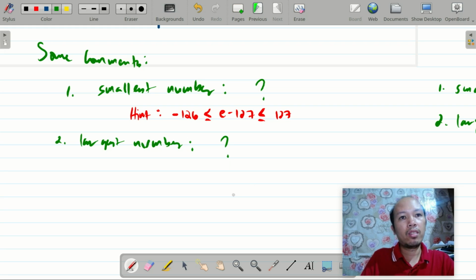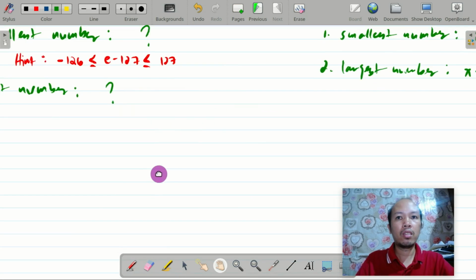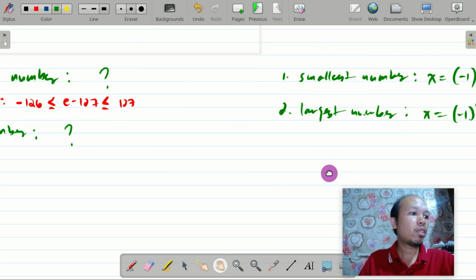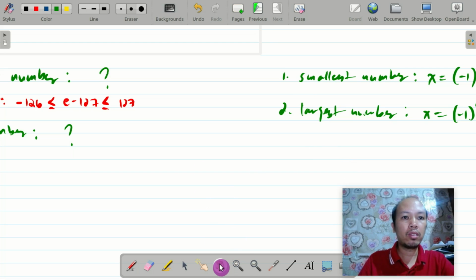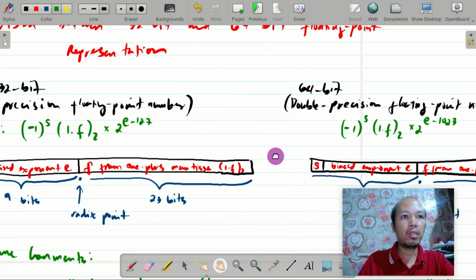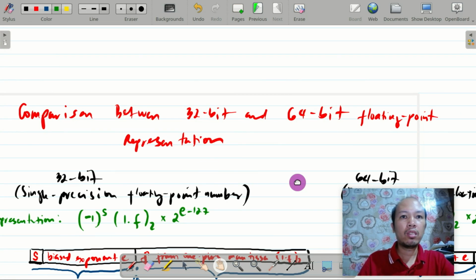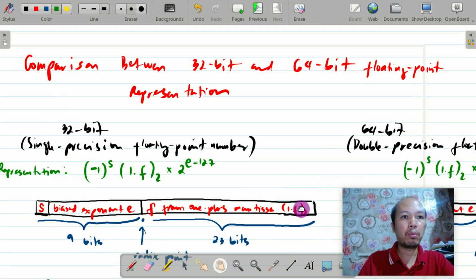So everything is in the hint here. What are other important facts about the 32-bit and the 64-bit floating point representation of a given number?